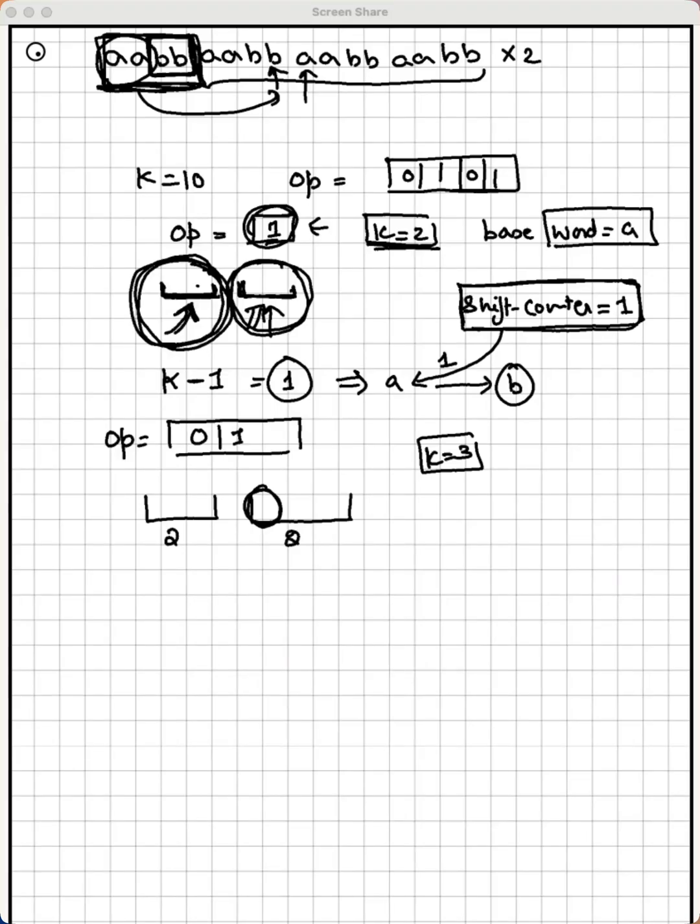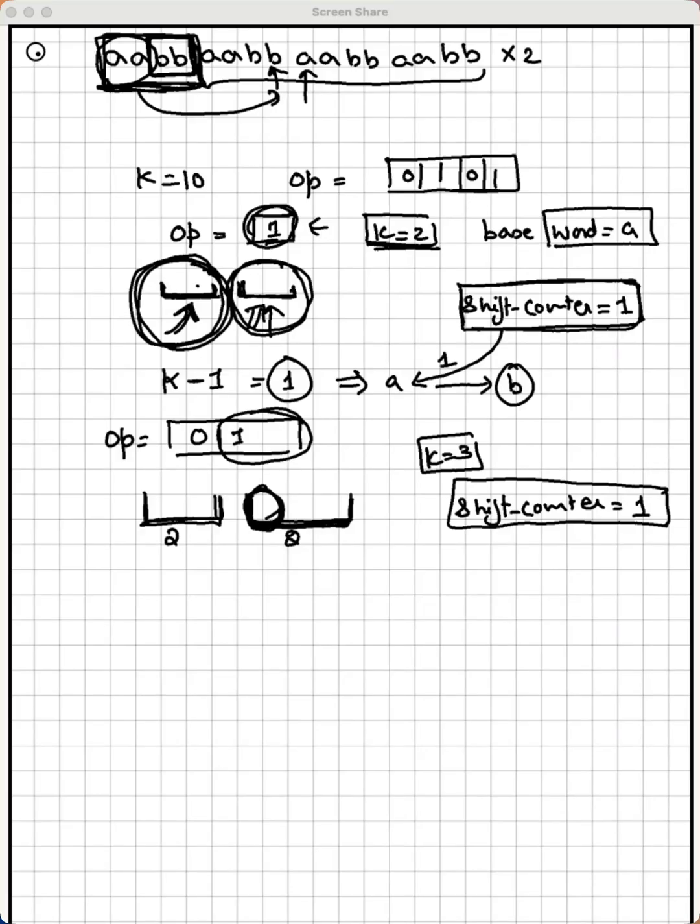So now I am looking at this index and I know it is in the second half. Now the second half was processed with some operation which was shift. So let me say shift counter is equal to 1 now, because I know whatever I got in the previous state, I have to shift it. So that's the track that I'm maintaining.